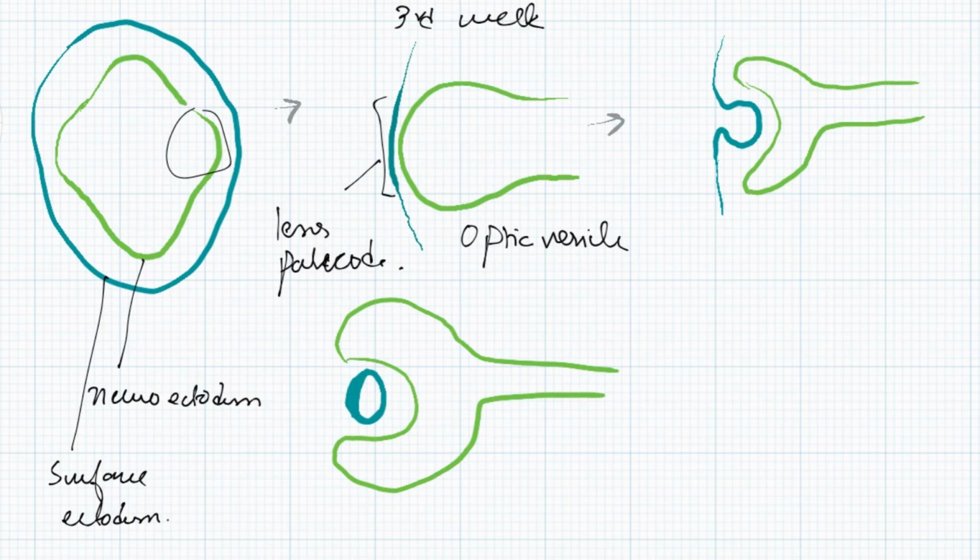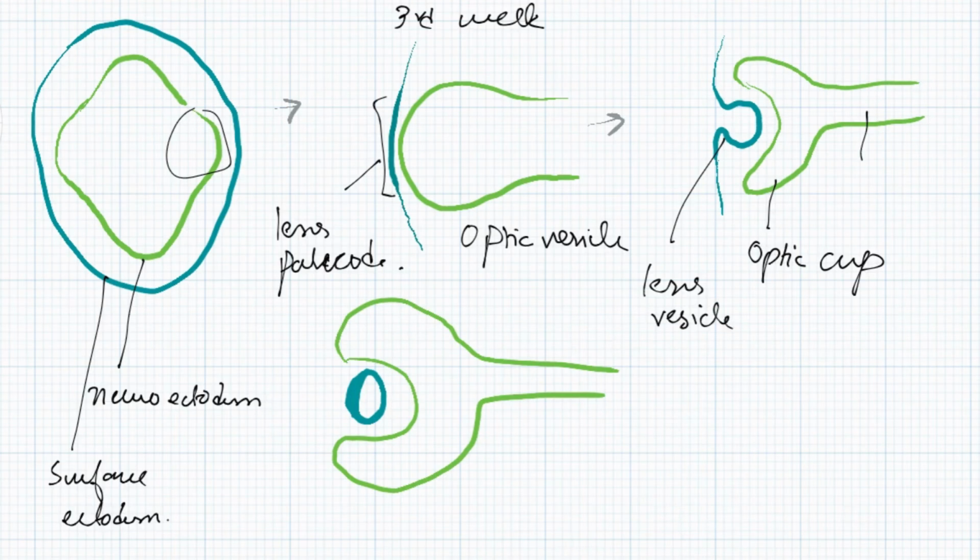Now, the lens placode makes an invagination into the optic vesicle, and the optic vesicle becomes the optic cup, and the lens placode becomes the lens vesicle. This right over here is the optic stalk, which will later become the optic nerve.